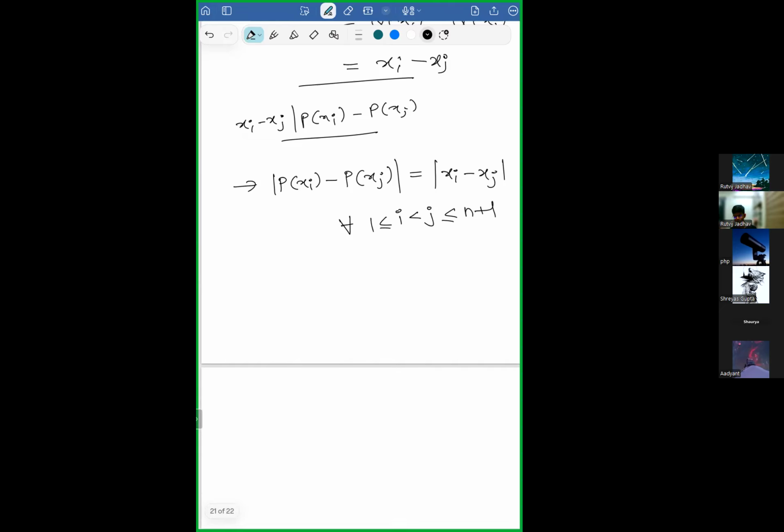Is it legal to assume xi greater than xj to remove the mod?